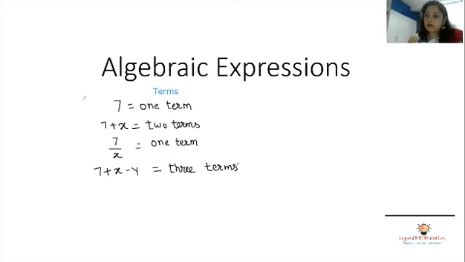Yes. Now, when I write 4x, how many terms is this having? Yes, it is still having 1 term, right? Because it is a multiplication. So what we learned here is only addition and subtraction separate the terms, but multiplication and division do not.